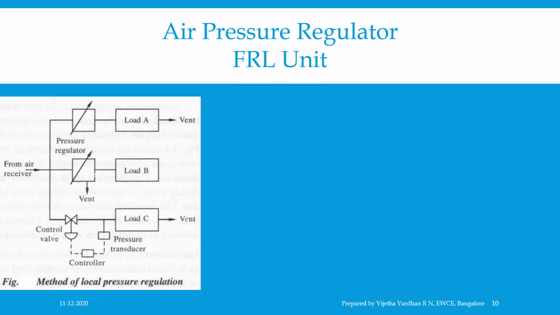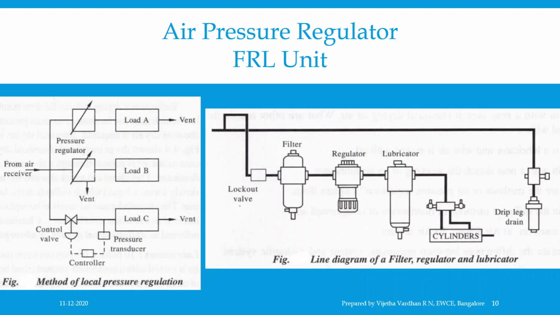Then coming to the FRL unit. With the advantage of manufacturing and machining technology, the independent devices for controlling the compressed air, that is filtering, regulating and lubricating, are combined into one unit which is known as the FRL unit. The FRL unit is designed so that it serves the functions of a filter, regulator and a lubricator as a compact device.